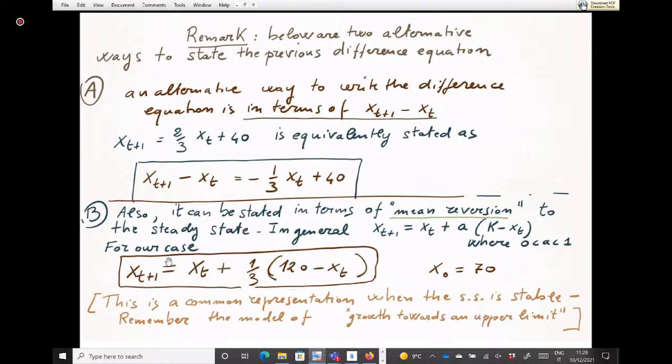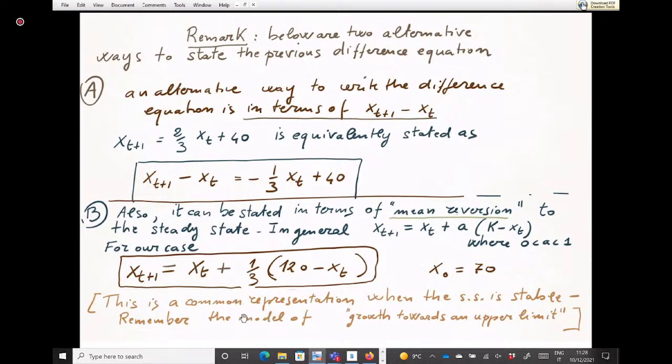So x_{t+1}, the next level, is equal to the current level plus a fraction, 1/3, of what? Of the remaining difference between the steady state and the current level. This is expressed in mean reversion terms. This is a common representation when the steady state is stable.